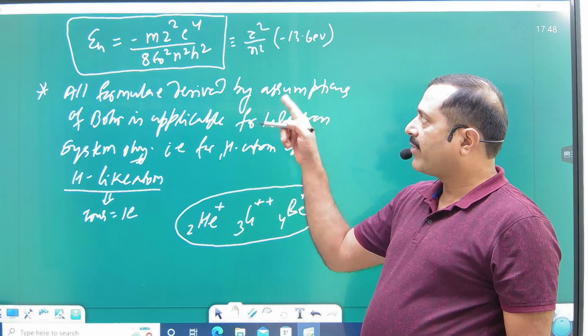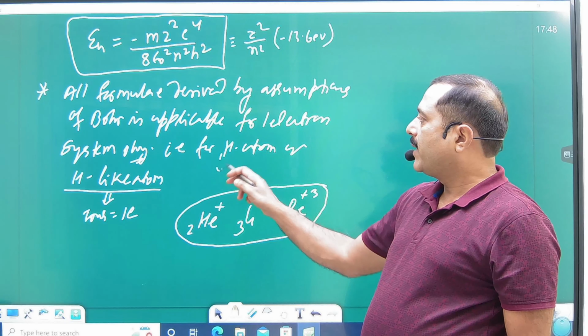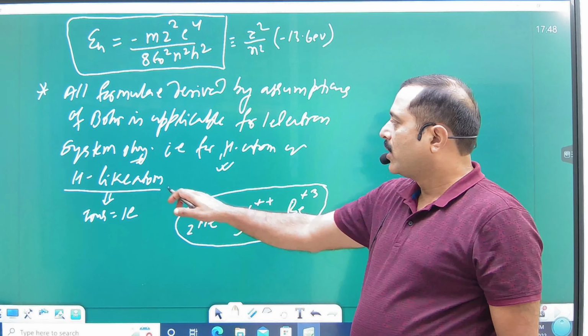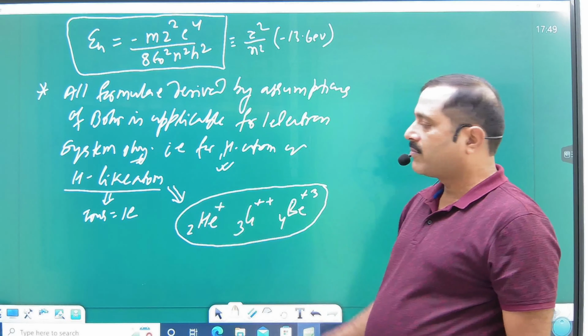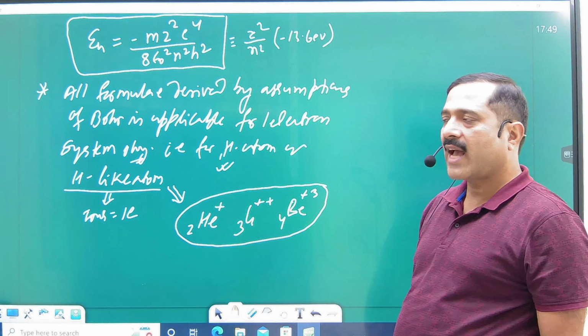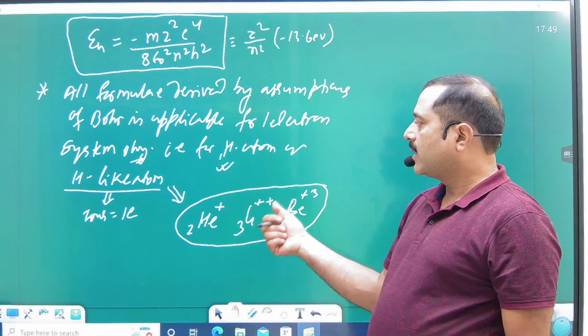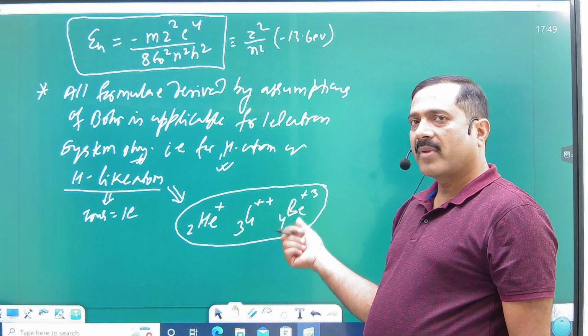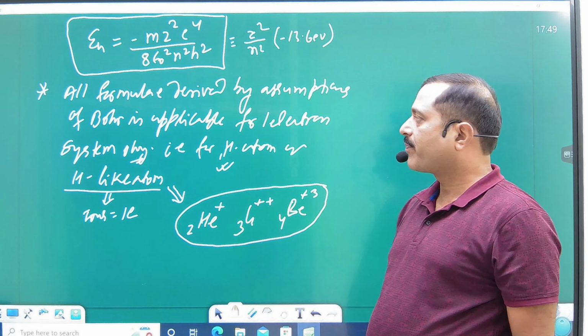So all formulae of Bohr's atomic model are applicable for either hydrogen or a hydrogen-like atom. Whenever a hydrogen-like atom is mentioned, keep in mind it will be either He plus, Li plus plus, or Be plus plus plus.